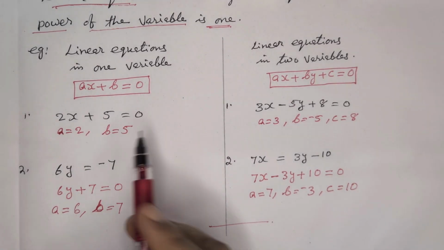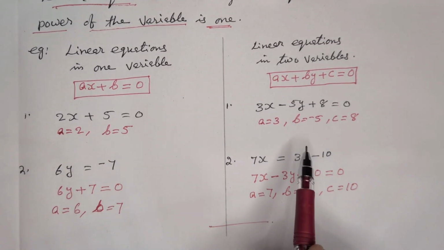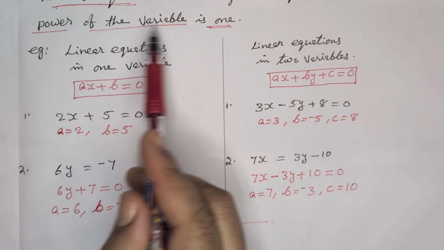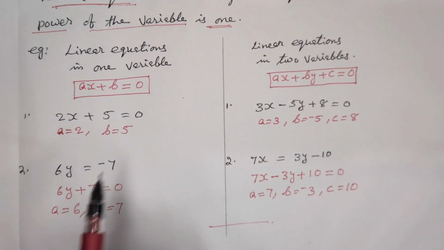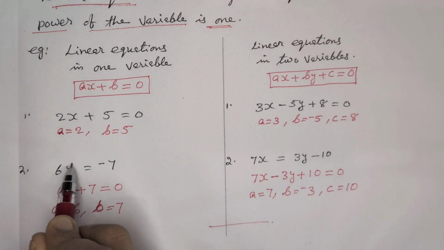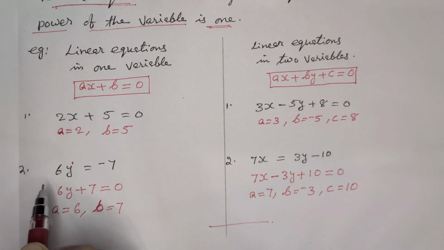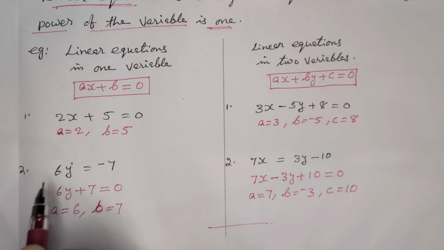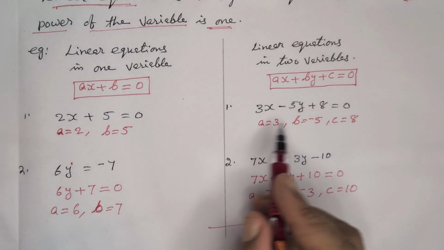So these are linear equations in one variable and two variables. Linear means the highest power of the variable is 1. Here we can see the variable power is 1; normally we do not write the 1. So the degree, the power of the variable, is 1 everywhere.